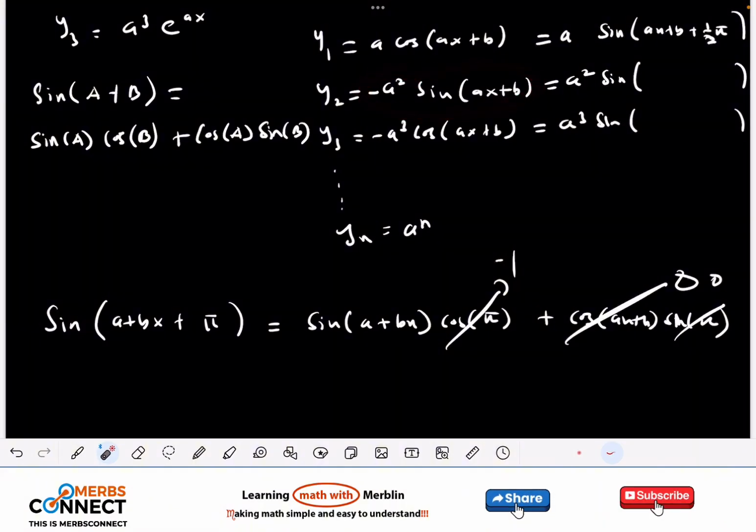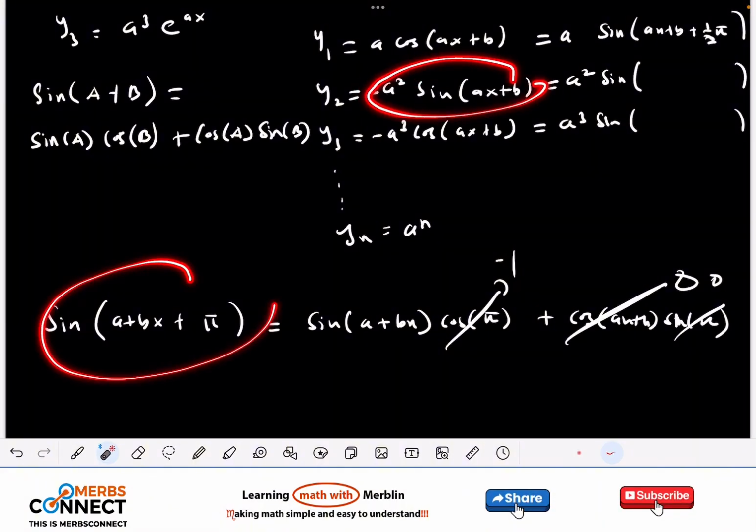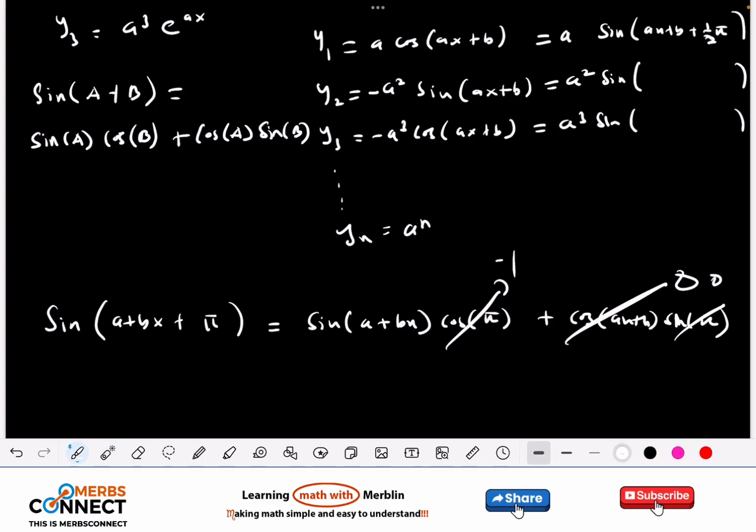It means that we can replace this by this. So this is going to be ax + b plus. Now pi can be written as 2/2 pi. So when you look at the pattern, the next one will be 3/2 pi.